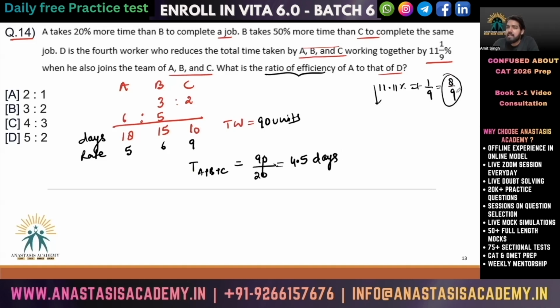So if the initial time taken was 9, now it is 8 units. So if the time taken is 4.5, when D joins them, then the time taken by all of them would be 4 days, because this ratio has to be 9 is to 8. So the time taken would be 4 days, right?